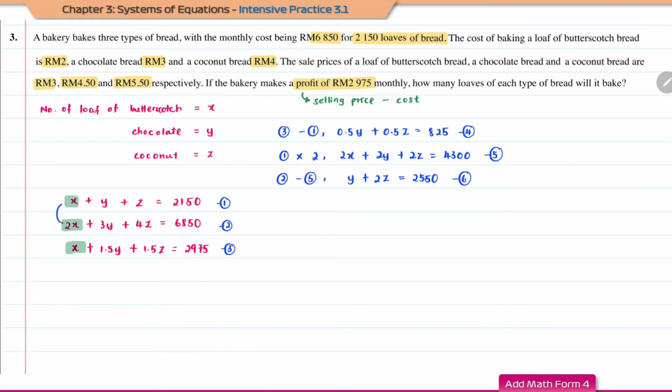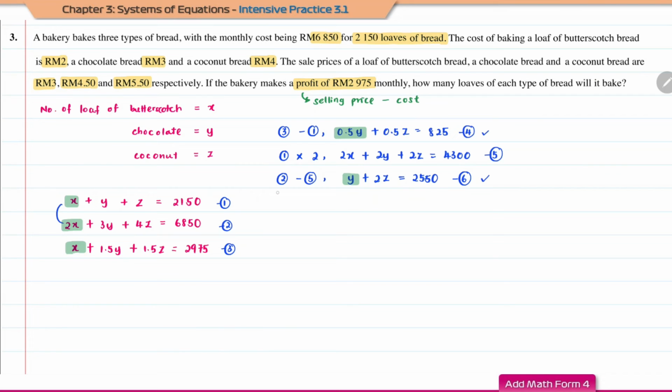So now let us focus on equations 4 and 6. Next, if you want to continue using the elimination method, I'm going to choose to eliminate the y. So first I need to equalize the y.